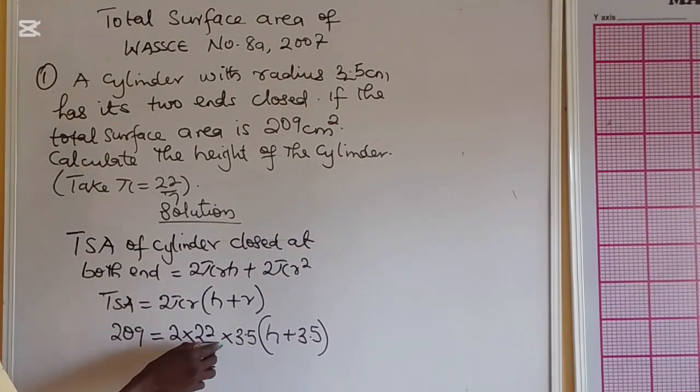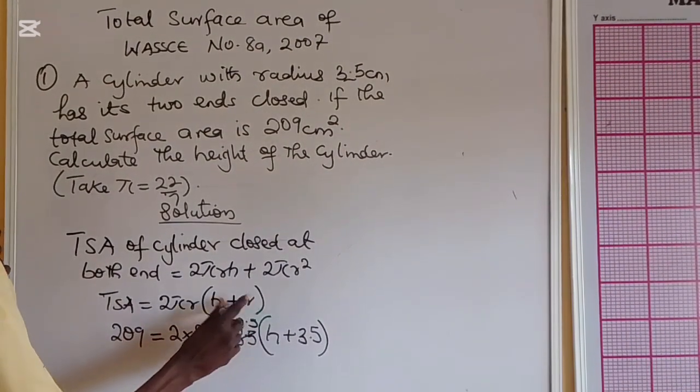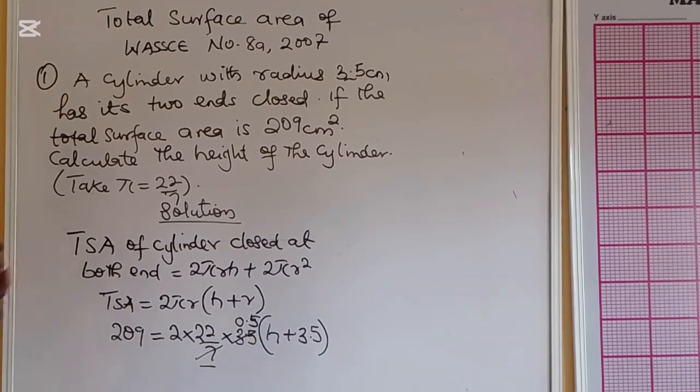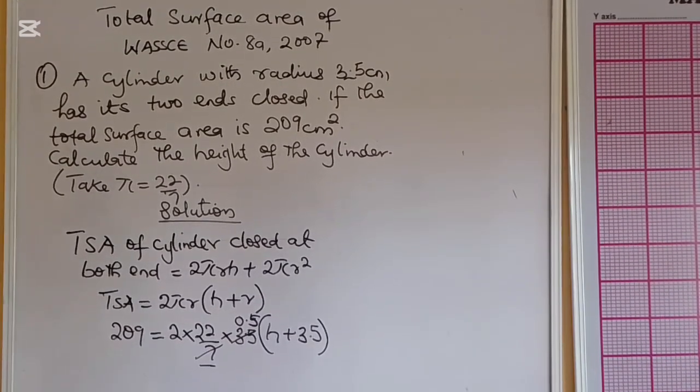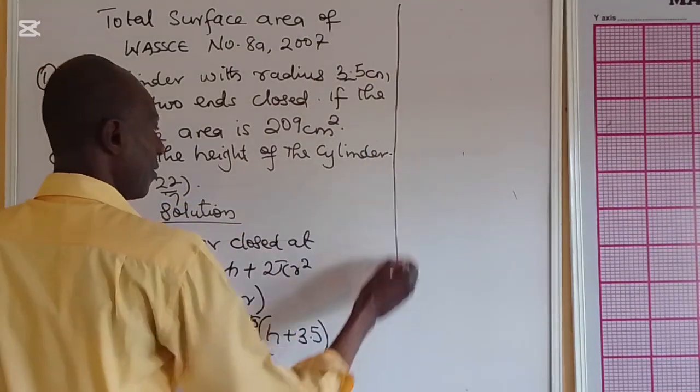We cancel this to give us 0.5. When you use 7 to divide 3.5, it gives us 0.5.